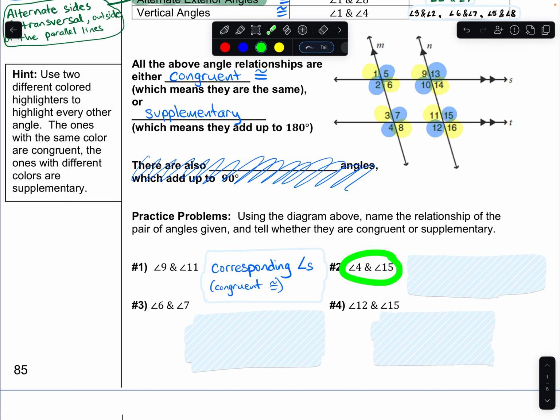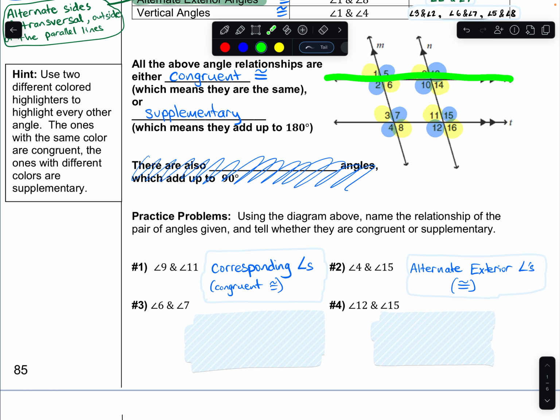Angles 4 and 15, well, we would consider these 2 parallel lines, M and N, and T would be the transversal. So these are what we call alternate exterior angles. They are congruent. Angles 6 and 7, one's yellow, one's blue.